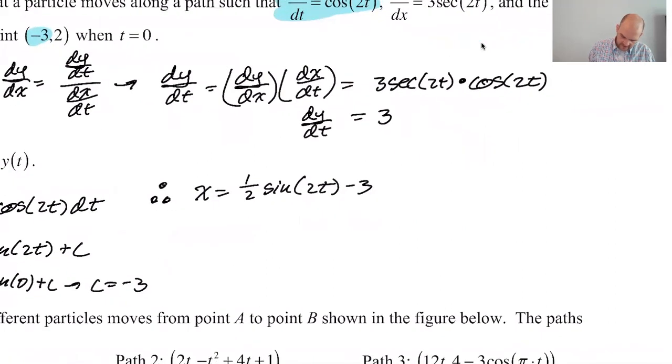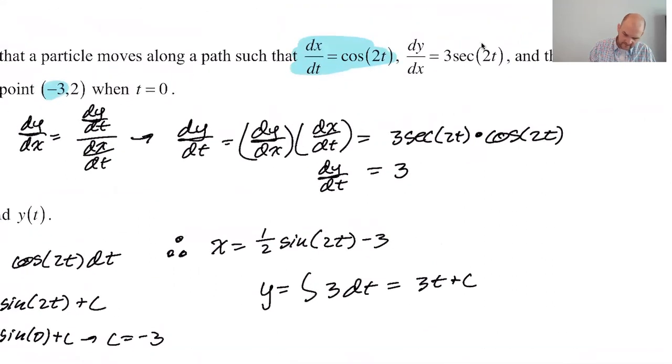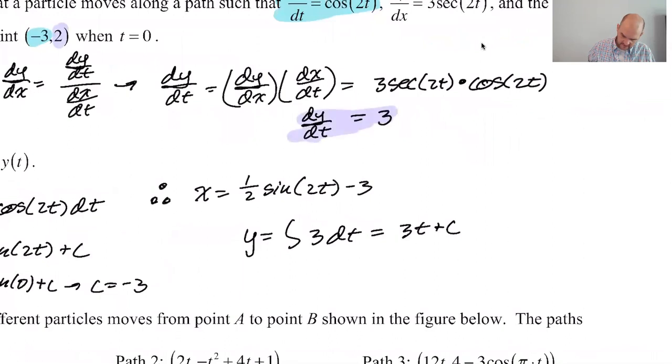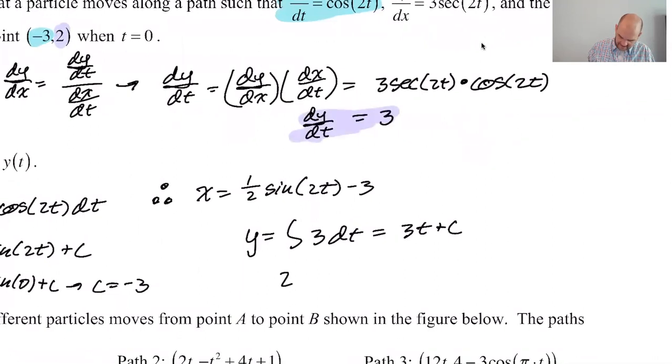And then for y, we do the same thing. So y is going to be the integral of 3 dt, which is 3t plus c. We know that y is equal to 2 when t is 0. So 2 equals 3 times 0 plus c.